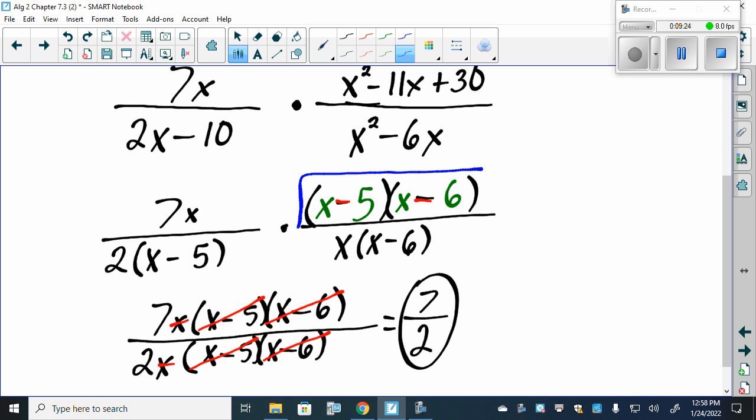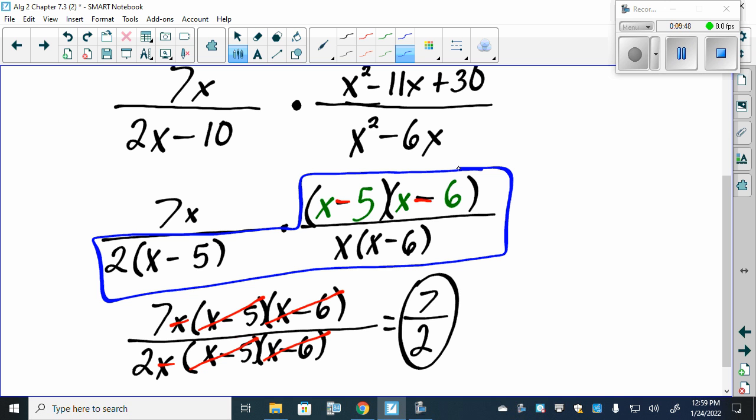Now, I do want to look at the restrictions for this one here so that y'all can see what they are. For the division, when we look at the restrictions, we're looking at the entire second rational expression, the divisor, and the denominator of the first one.